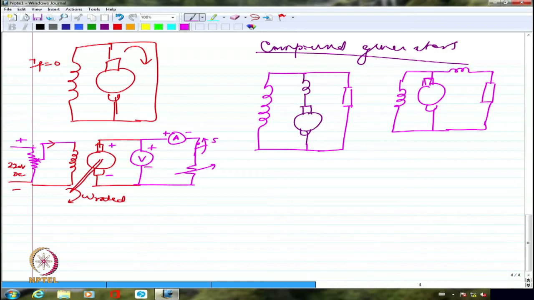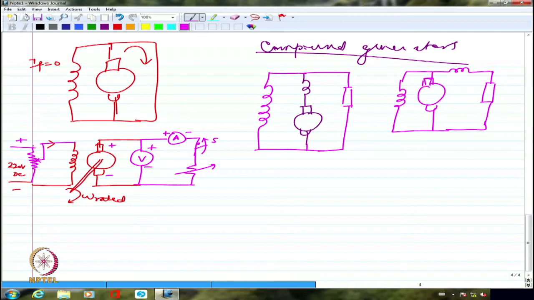So under open circuited condition, I will not have any series field current. Whereas in long shunt, even if the load is open circuited, I'll have a small current, which is field current, but field current is generally very, very small, because of which I can ignore it. Series field influence on the overall main field will be negligibly small when there is no load.